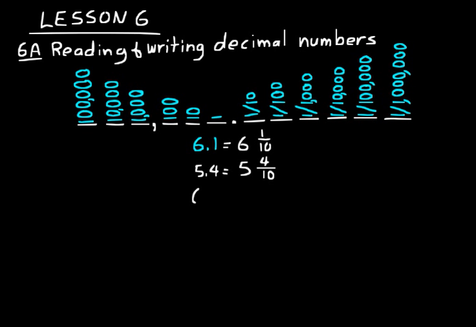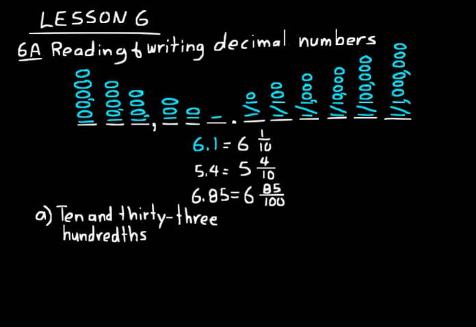Or if we had 6.85, we could write that 6 and 85 hundredths. Notice it's a lot easier just to write 6.85 than 685 fraction bar 100. That just takes a lot longer to do. So decimal form of a number is just a simplified way of writing a fraction.